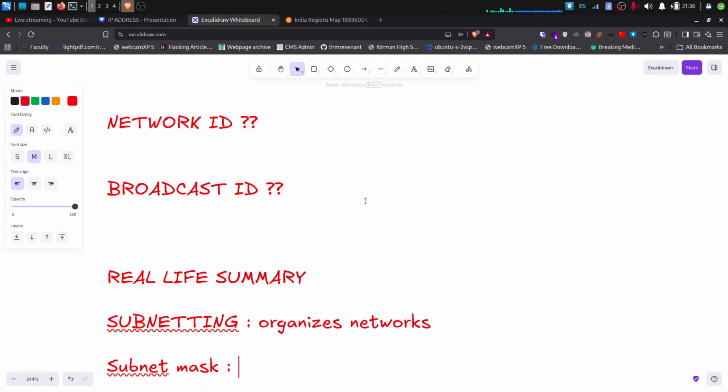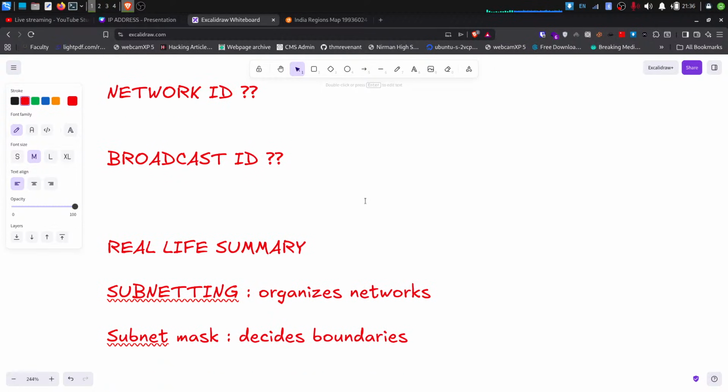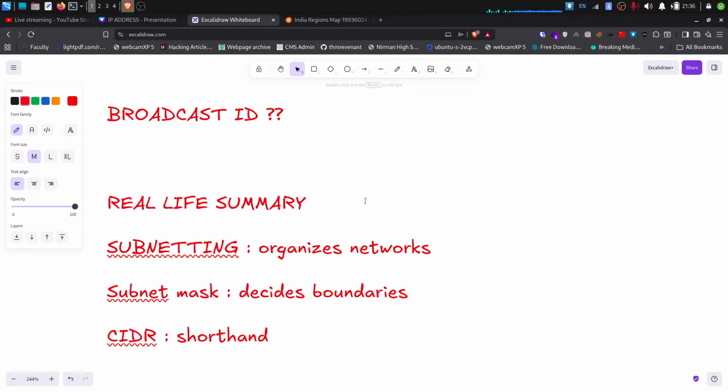The subnet mask decides the boundaries. Now CIDR is basically the shorthand for the subnet mask. Next thing we have is network ID.